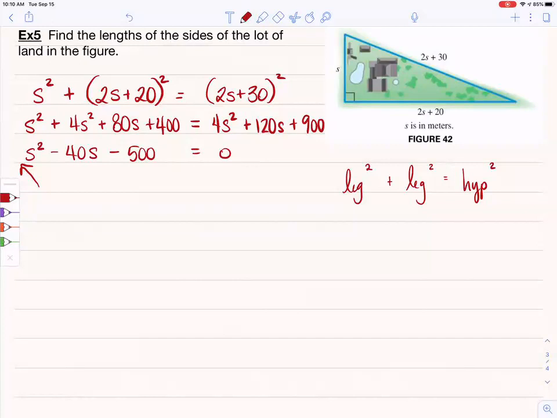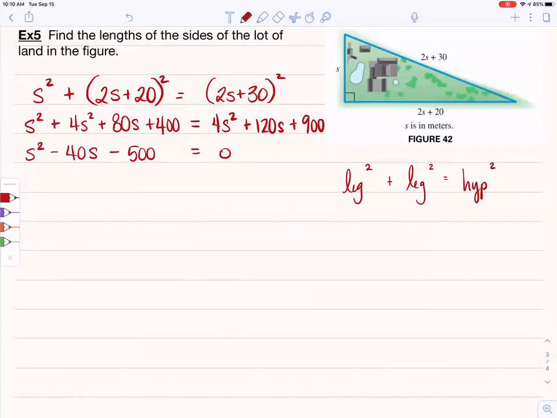Second requirement, my B should be even. So like if my B was a 5, I would not choose to do completing the square. Okay, it's just not as nice. But if my A is a 1 and my B is an even number, completing the square is quite nice.